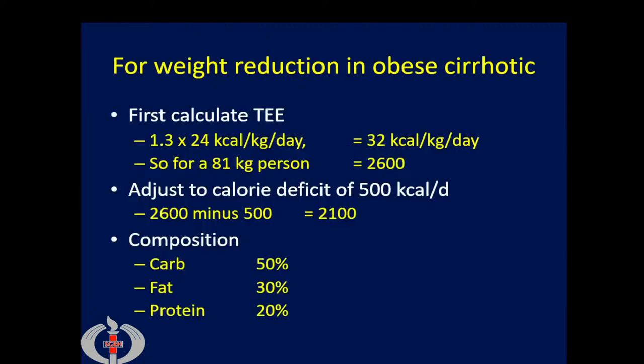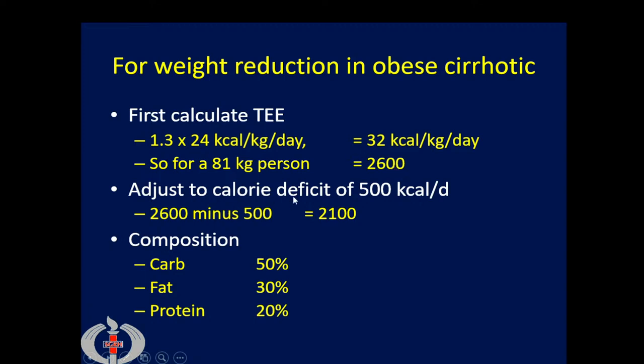What about patients who are obese cirrhotics? First we need to calculate their total energy expenditure, using the formula I mentioned, 1.3 into 24 kilocalories, that means about 32 kilocalories per kg per day. So for an 81 kg obese cirrhotic, the total calorie requirement would be 2600.